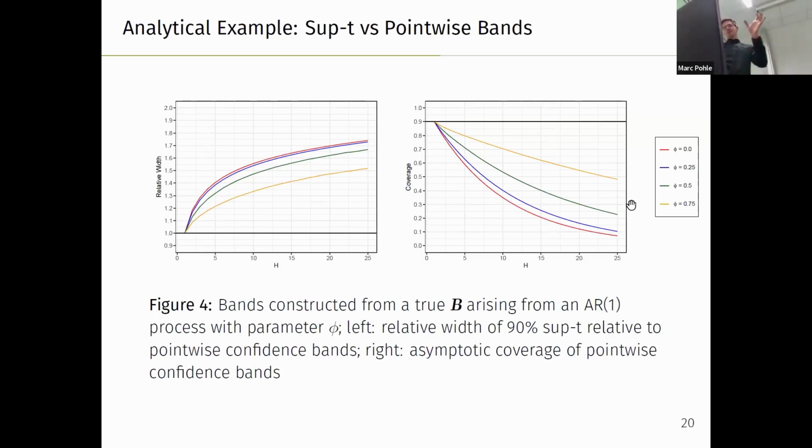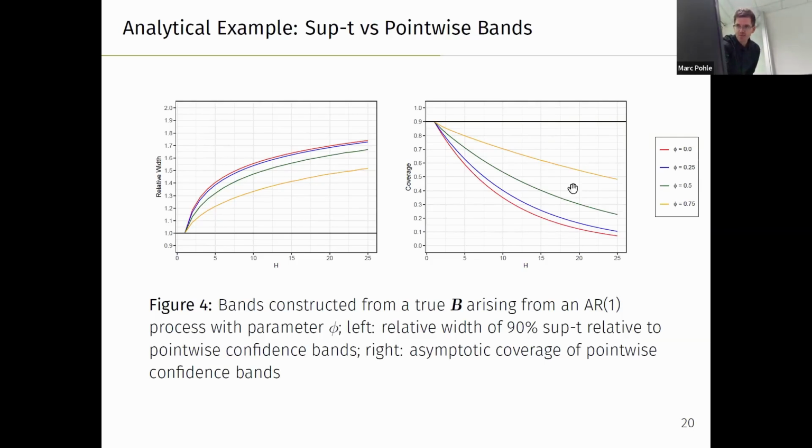Now we have a similar thing that Sven asked for. Here we do not estimate anything. We take an AR(1) DGP with parameter theta. Theta represents the strength of temporal dependence.